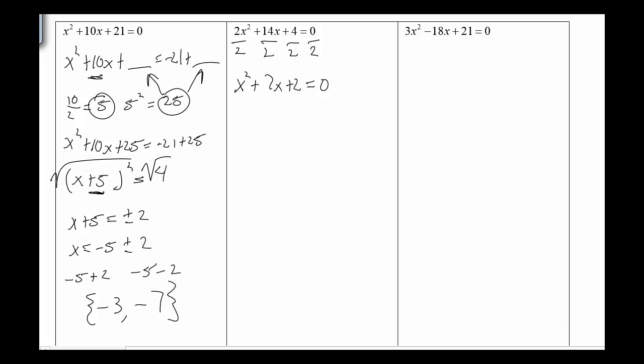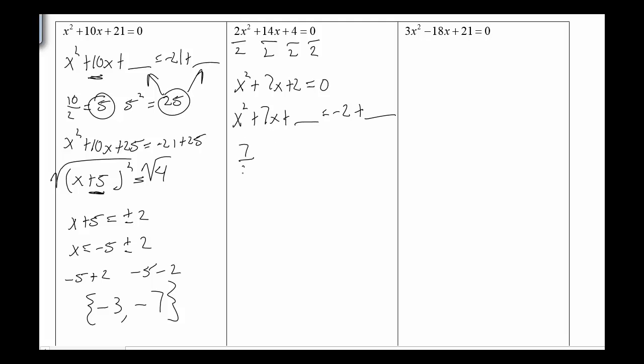And so now we're going to see why an odd linear term is not the most convenient of the bunch. It's a little bit nicer if they're even numbers, but we can still work with this. So I'm going to move the 2 over. So x squared plus 7x plus blank equals negative 2 plus blank. Okay, so then I want to do the divide by 2 and square.